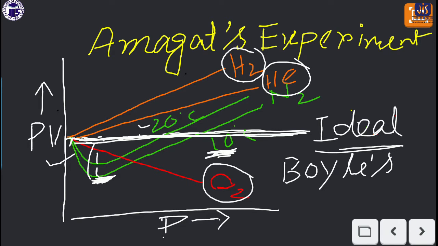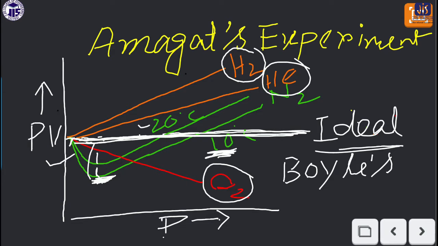This particular temperature where the minima in the PV versus P curve coincides with the PV axis is called the Boyle temperature. You have to keep in mind that the Boyle temperature comes from this graph. So what is the Boyle temperature? Boyle temperature is the temperature when the minima of the PV versus P curve coincides with the PV axis.